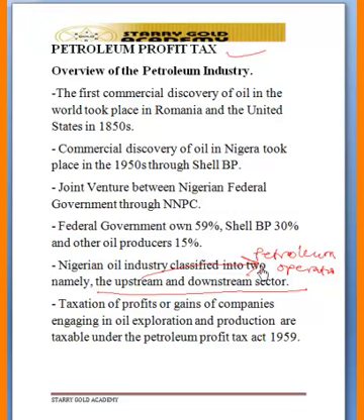There are companies that are engaged in these activities. These companies are called E&P companies, Exploration and Production Companies. Examples are Shell, BP, Mobil, ExxonMobil.